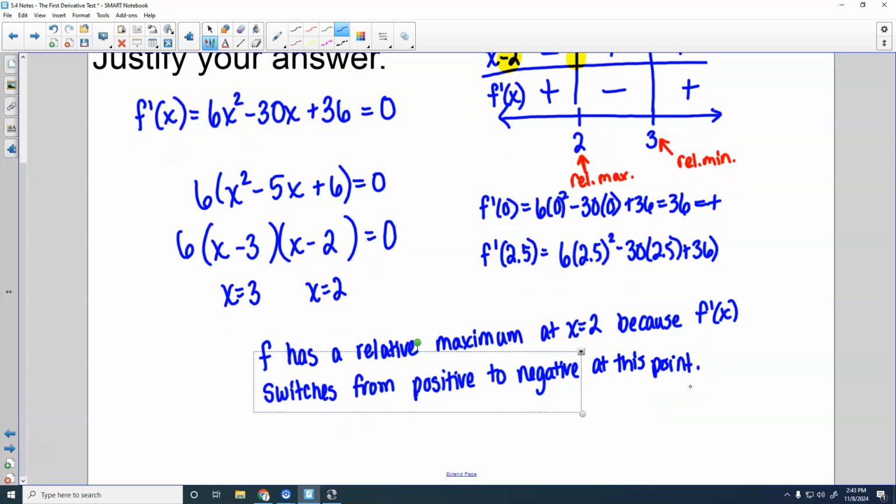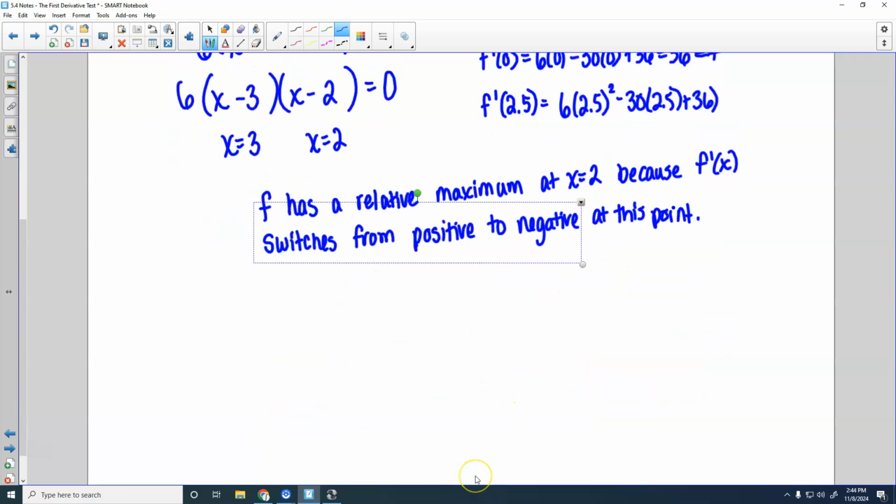And then we're going to have a similar conclusion for our minimum.